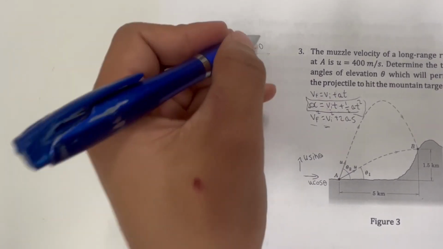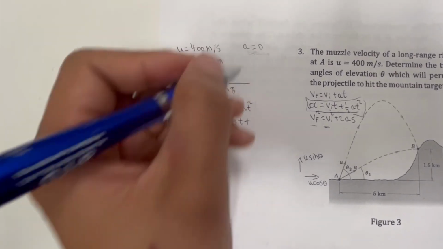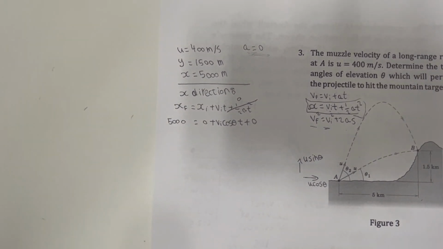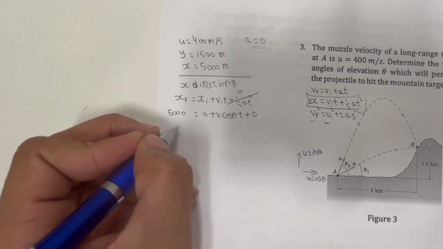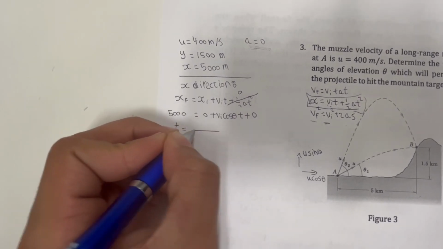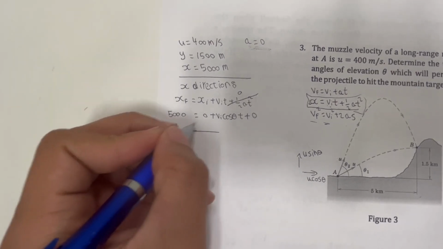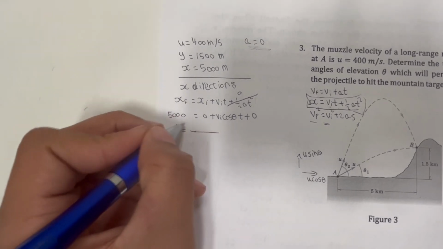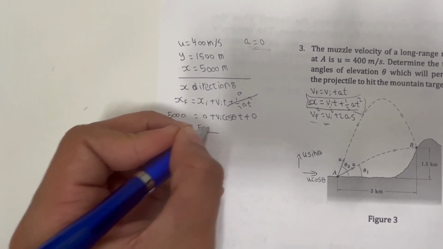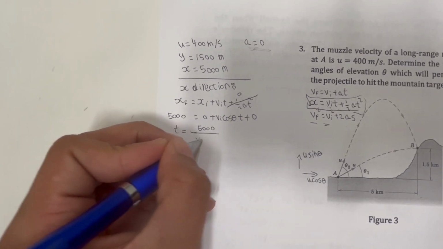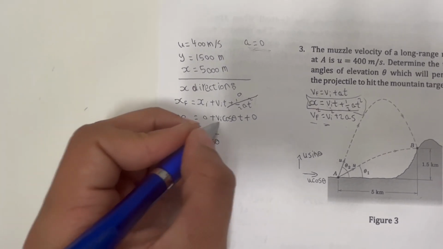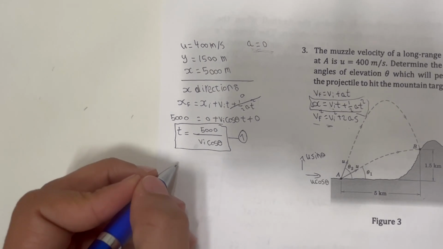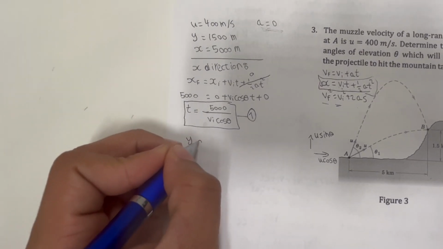You're not changing the acceleration, so acceleration is equal to 0, and all of that equals 0. That's pretty much it, but I want to make it in terms of t, so we can get theta. I want to cancel t with the other equation. So t is 5000 divided by vi cosine theta. That is the first equation. Okay, let's get the y direction.